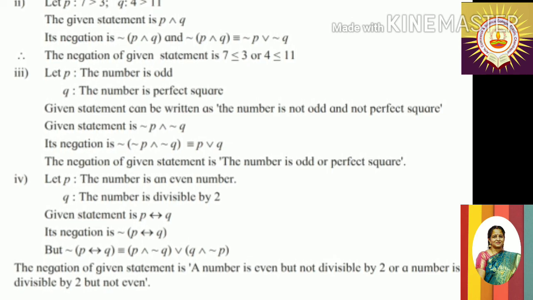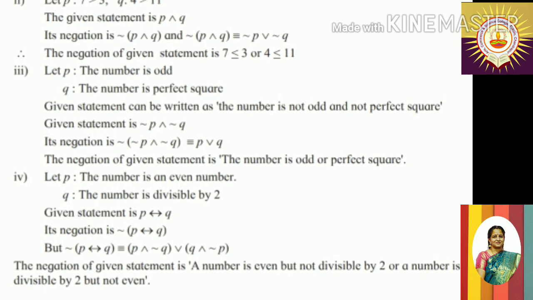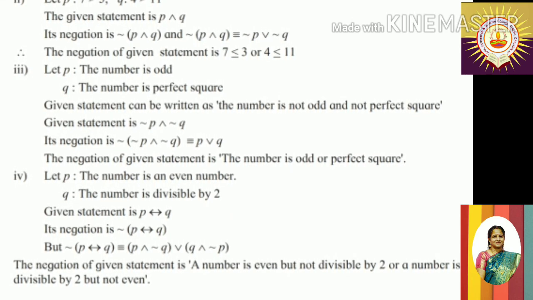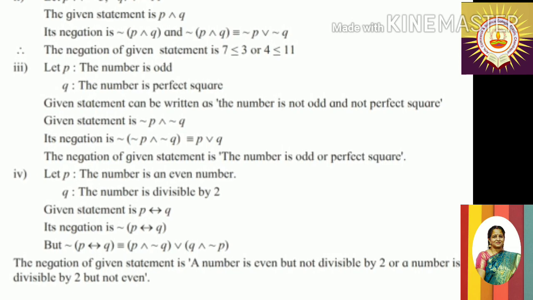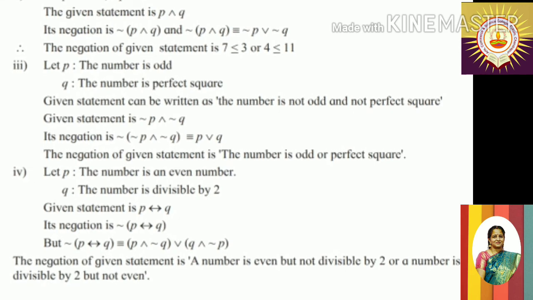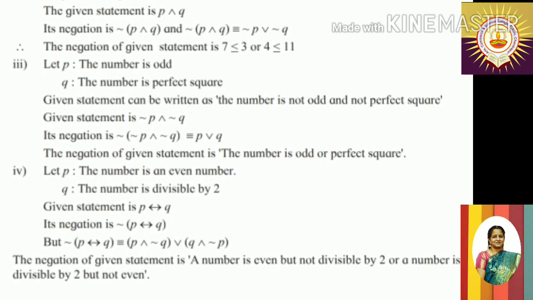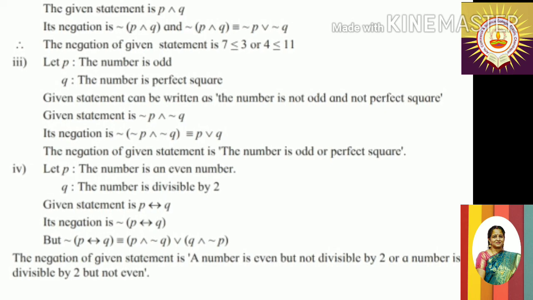Next one. The number is an even number if and only if it is divisible by 2. Write down the P, Q values and its symbolic form. Here P is the number is an even number, Q is the number is divisible by 2.